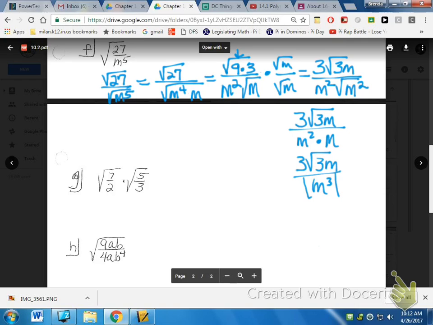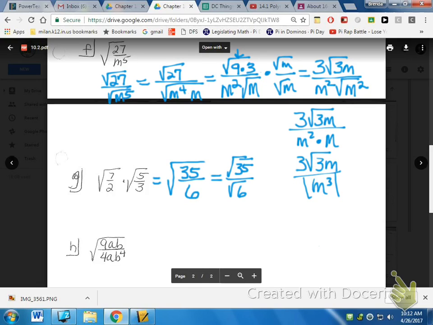Okay. All right. Next, we are going to multiply 2 radicals together that are fractional. So I'm going to go this route. 7 times 5 on the top is 35. 2 times 3 is 6 on the bottom. So radical 35 over 6. Now split it apart. Radical 35 on the top. Radical 6 on the bottom.